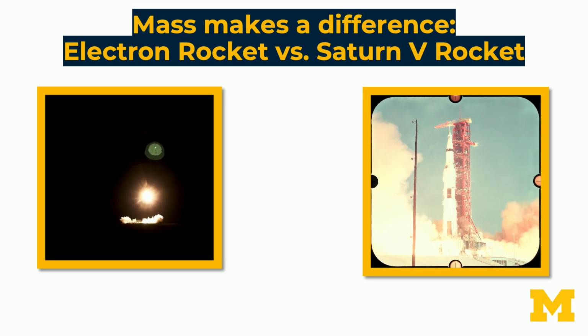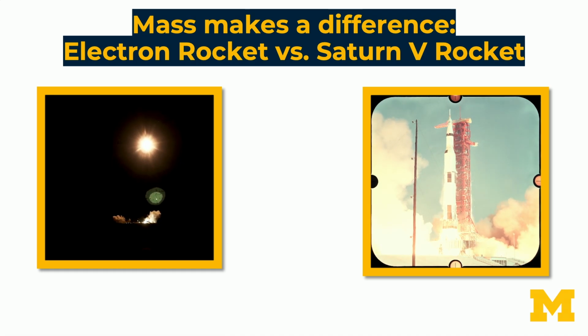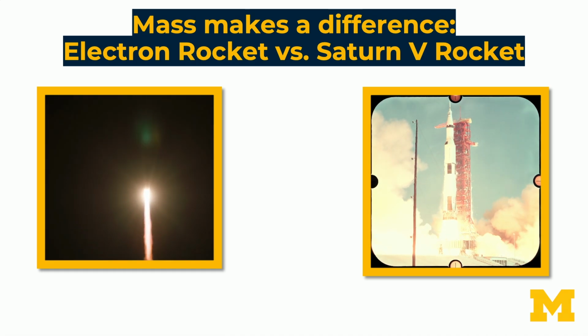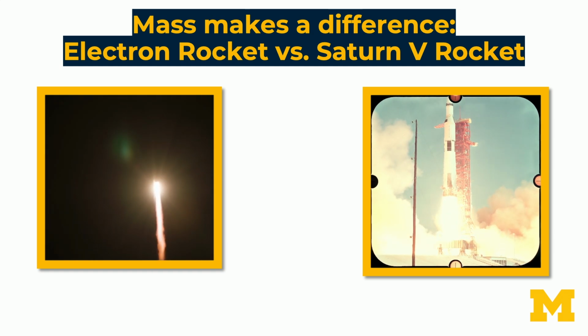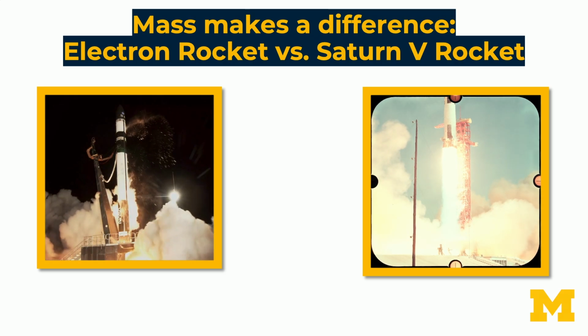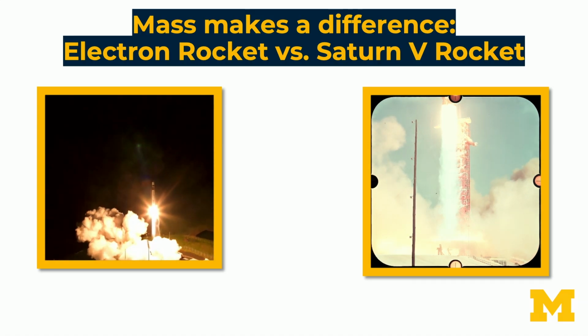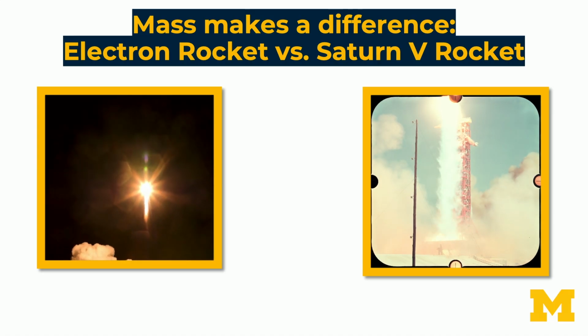It has almost no mass compared to the Saturn V. And the Saturn V, if you've seen videos of the Saturn V, it is very slow getting off of the pad because it is so massive. It has an unbelievably huge amount of thrust, but because it is so massive, it rises in the air very slowly. It accelerates very slowly.